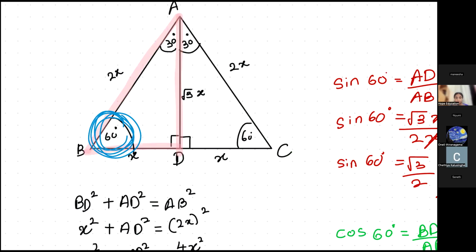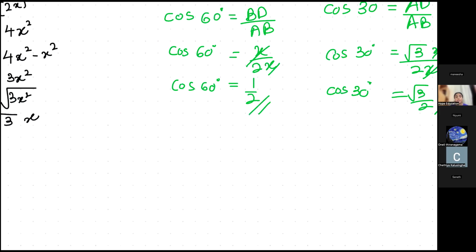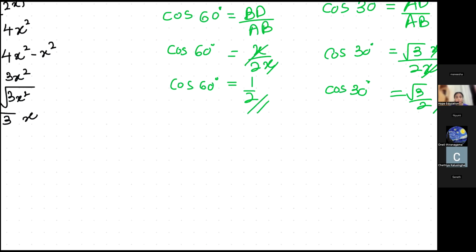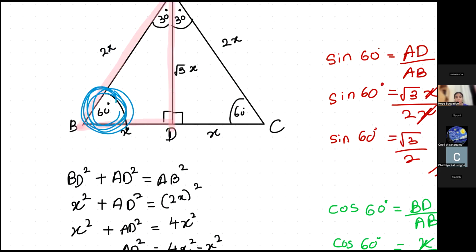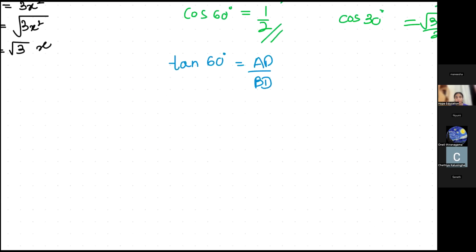So for tan 60, opposite side is AD, adjacent side is BD. AD is root 3x, BD is x. Root 3x over x, so just root 3.